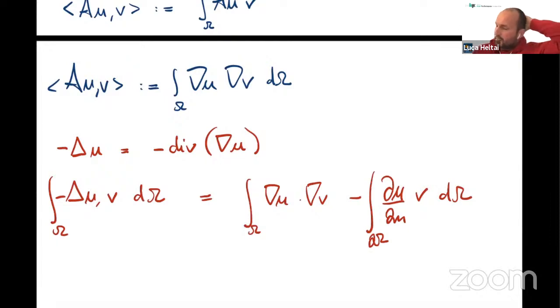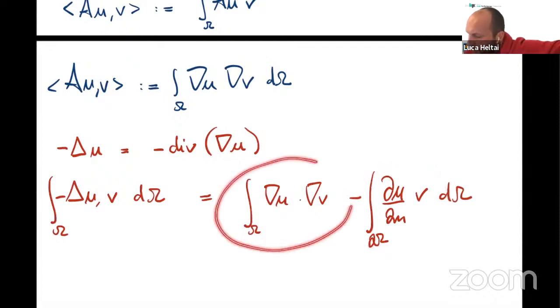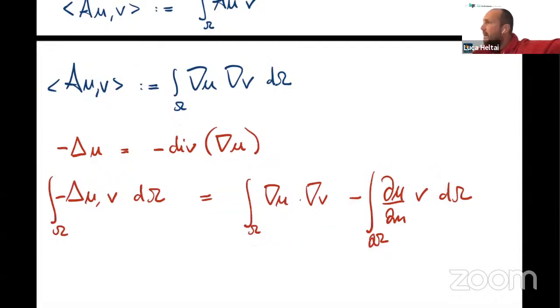So weak derivatives are defined in such a way that they make sense by integration by parts when you test them against every function v which is C infinity with compact support on the domain omega, so that the terms on the boundary that contain v disappear, and you are left only with this term over here, which is the variational formulation of the Laplacian operator applied to a test function v.